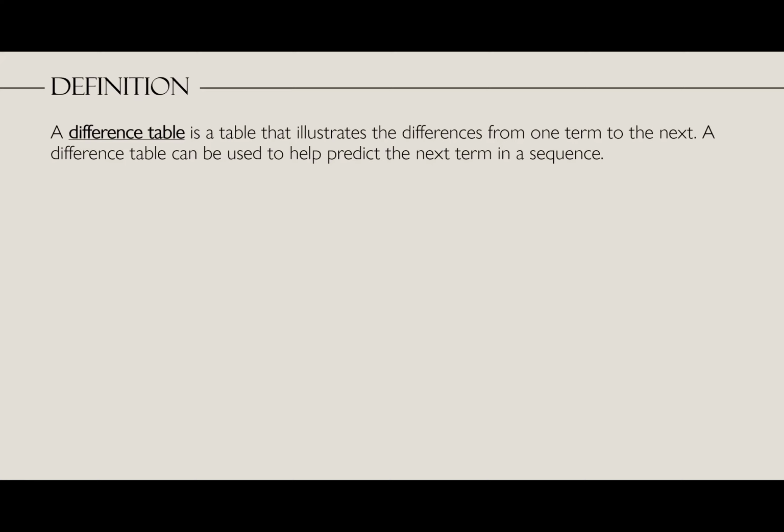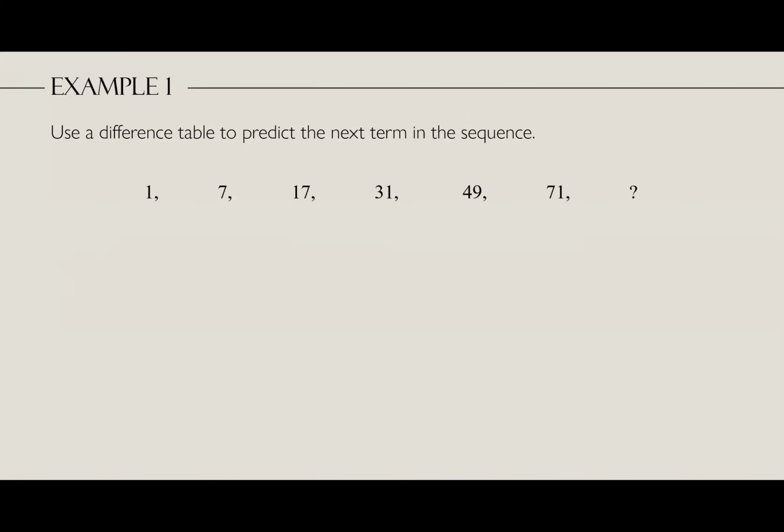A difference table? Well, it's a table that illustrates the differences from one term to the next. So it's kind of in the name, difference table. It's a table that uses the difference. And we can use this difference table to help me predict the next value, or term, excuse me, in the sequence.